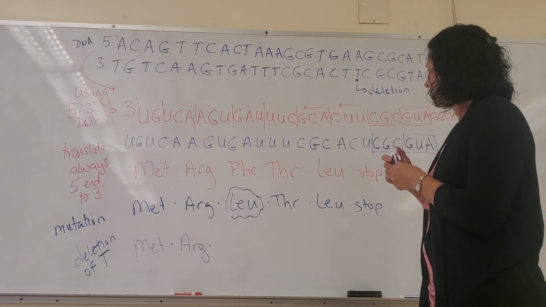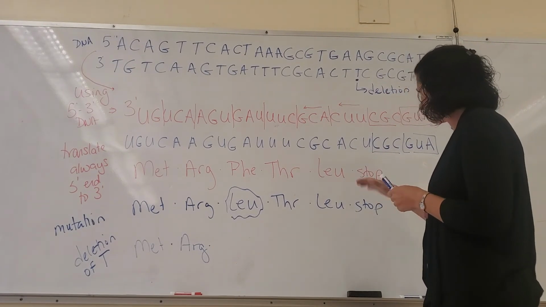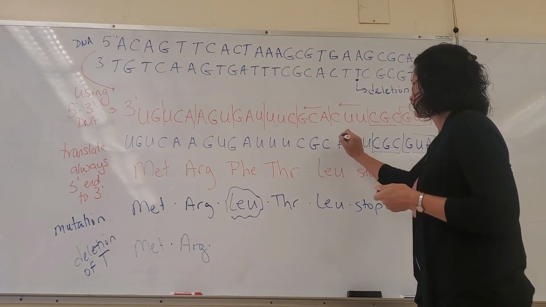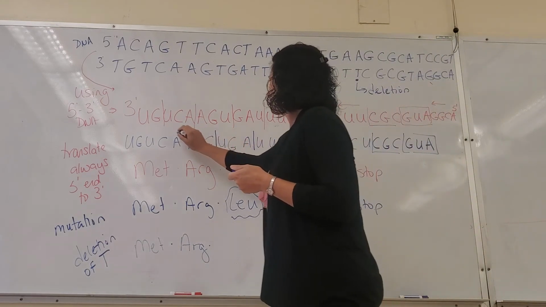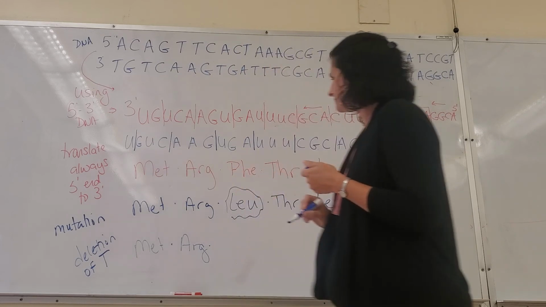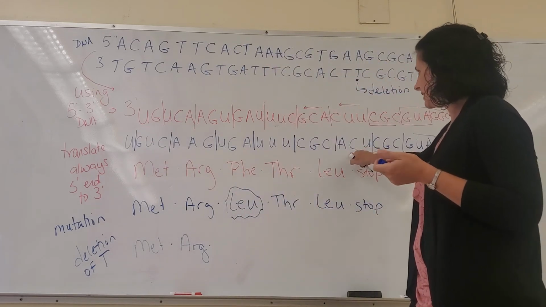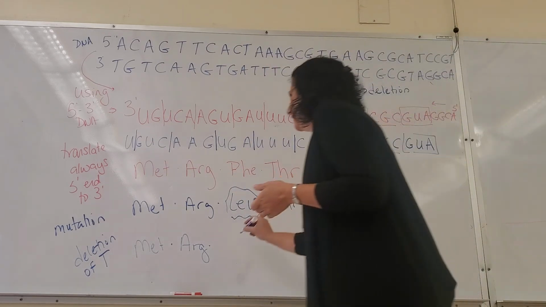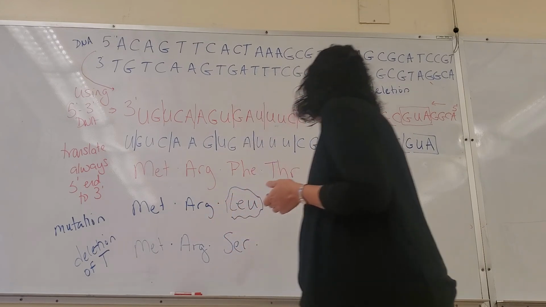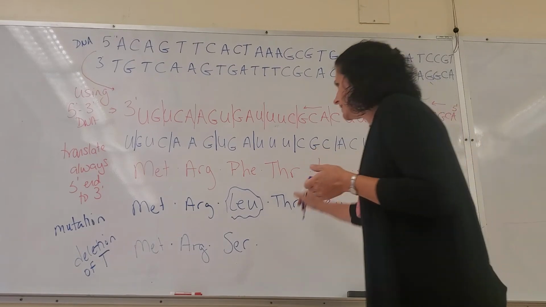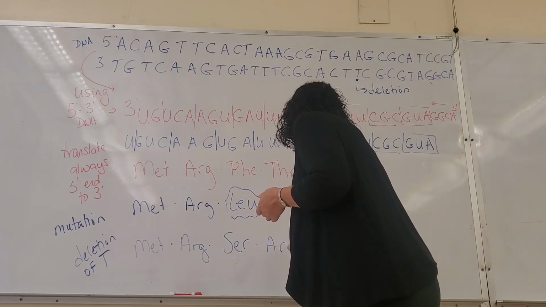But now, whenever we group these into groups of 3, we've changed our codons. So now we have this grouping. And if now we look up UCA, that's going to give us serine. Then CGC gives us arginine.